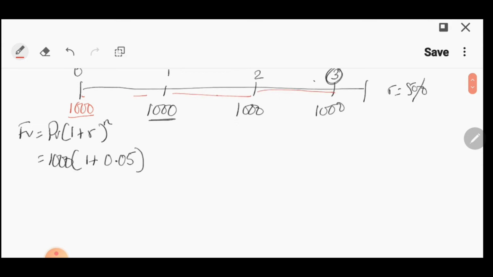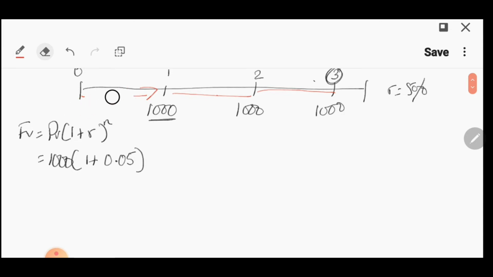But you are not saving the 1000 right now. You're actually waiting for one whole year, and at the end of the first year you're going to save this 1000. So that 1000 is not going to earn any interest during the first year, right?